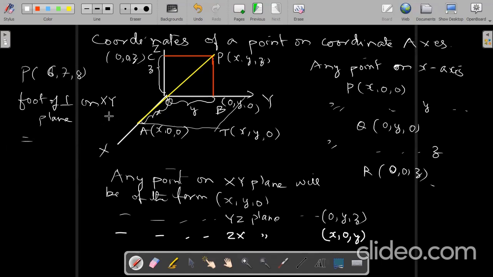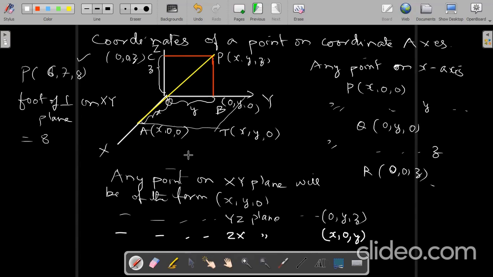That means the foot of the perpendicular will be the z coordinate, 8. Correct? Got it? Z is the distance from the xy plane, that is the foot of the perpendicular only. So like this, we can find out the location of points.